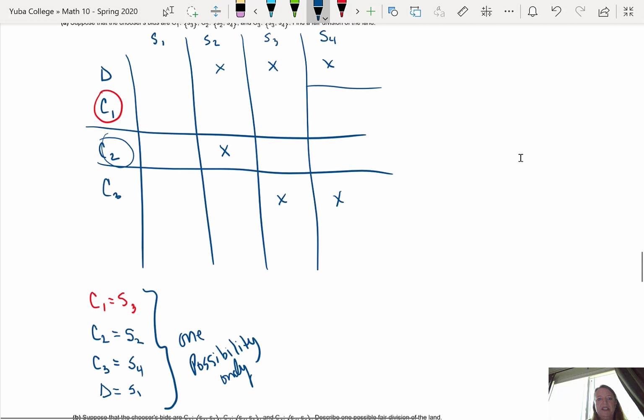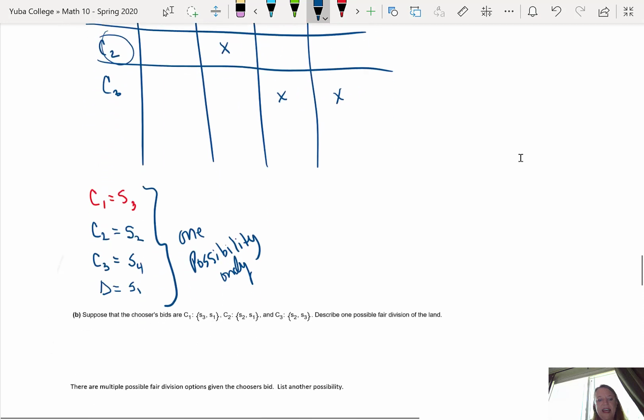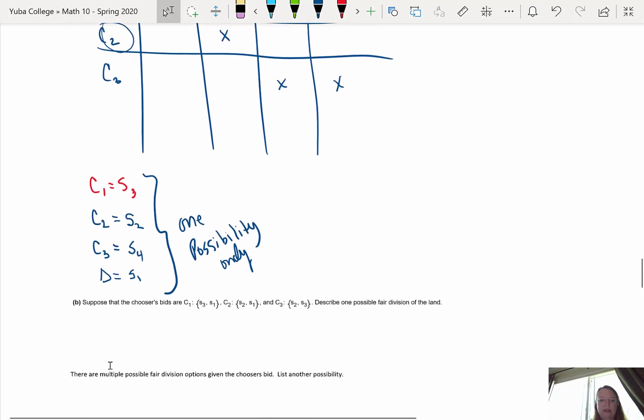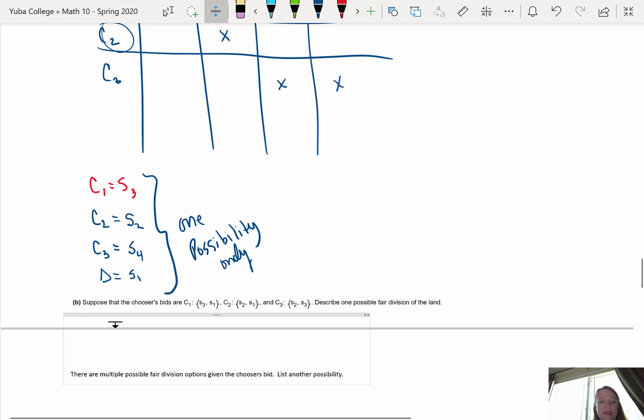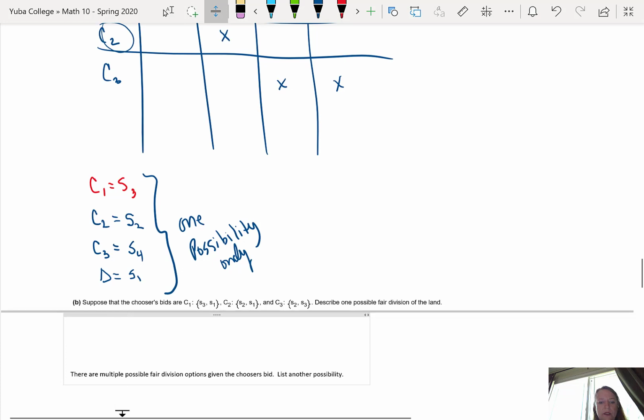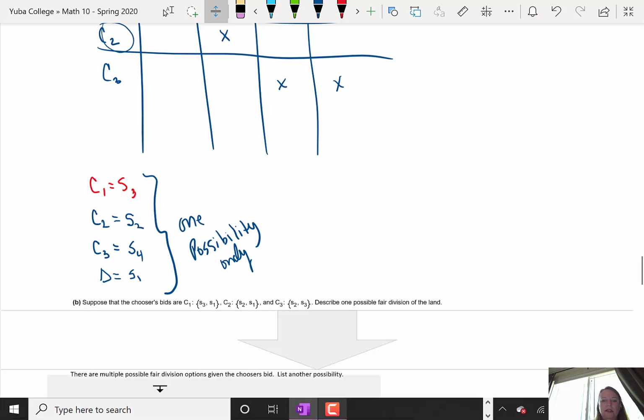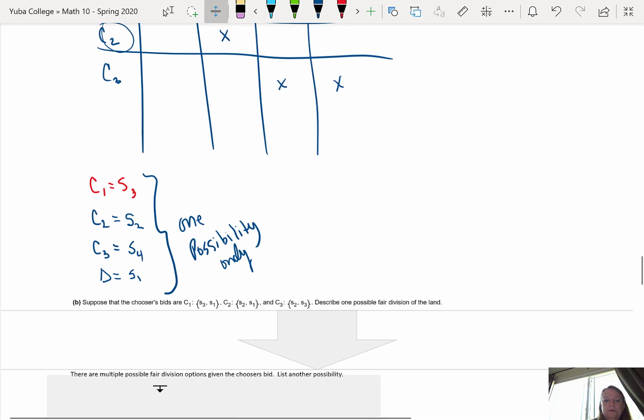Okay. So let's say instead the divider split up, and this is what the following believed on their bid on how things were weighted.